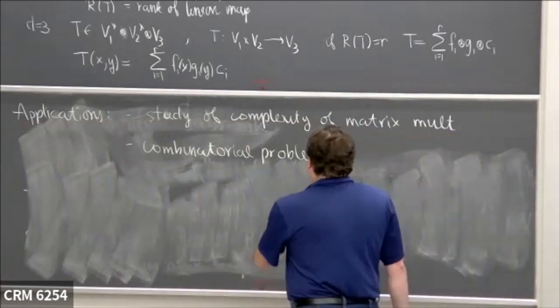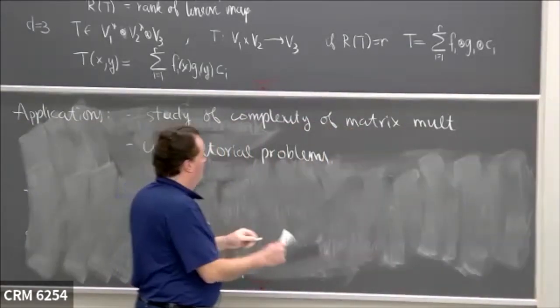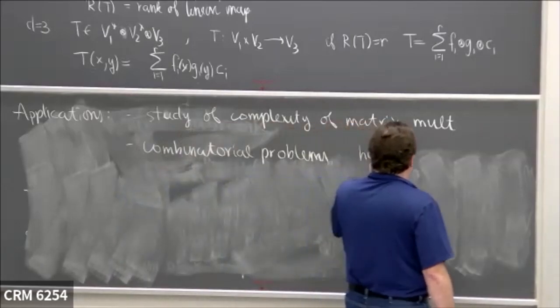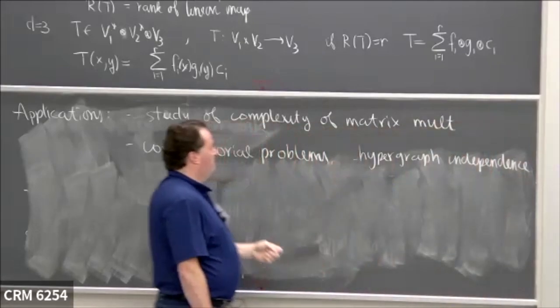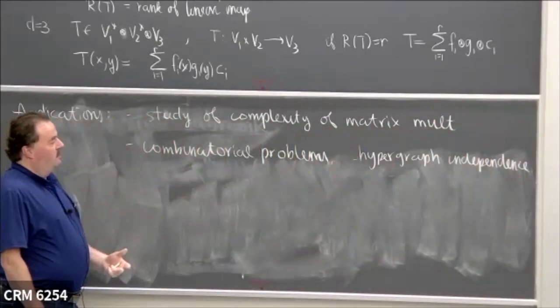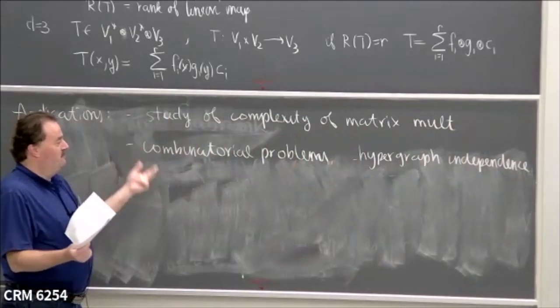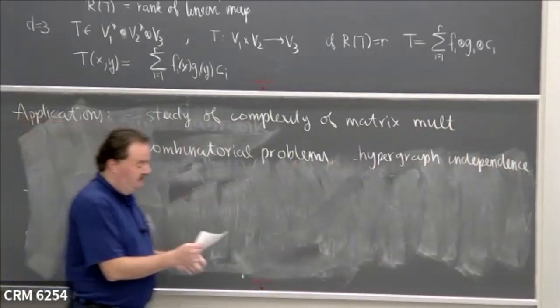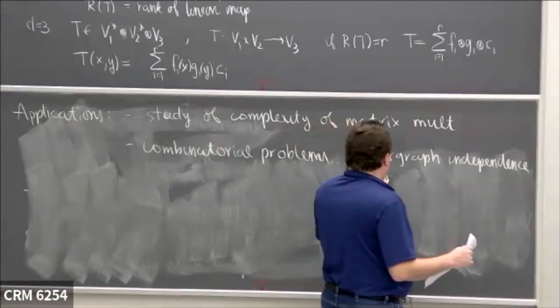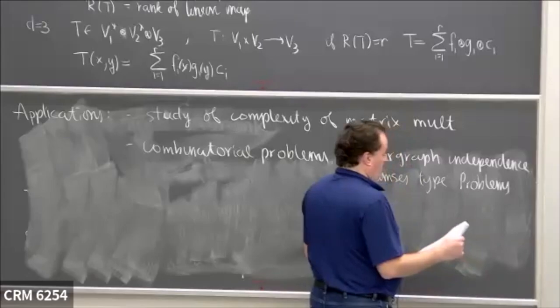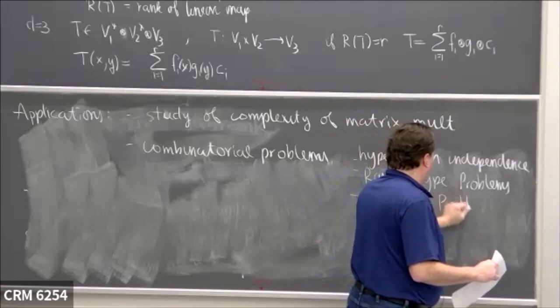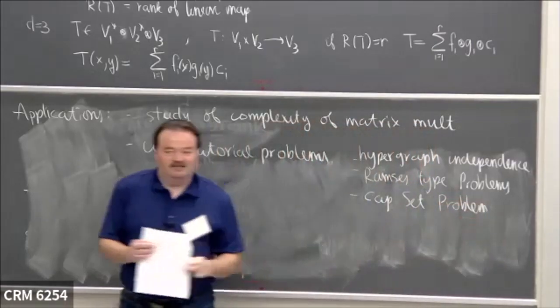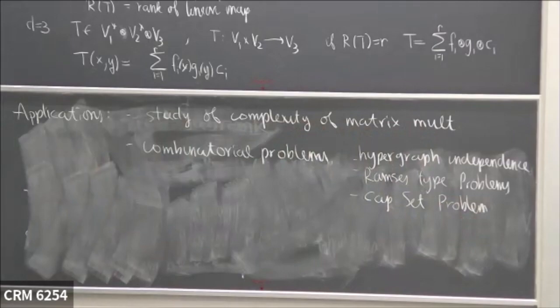Some examples are hypergraph independent sets, some kind of condition like what is the maximal set of elements that don't have a certain property, Ramsey-type problems. And one I'll say a little bit more about is the cap set problem. I'm only going to explain why the subrank plays a role in that case. So let's look at this cap set problem.